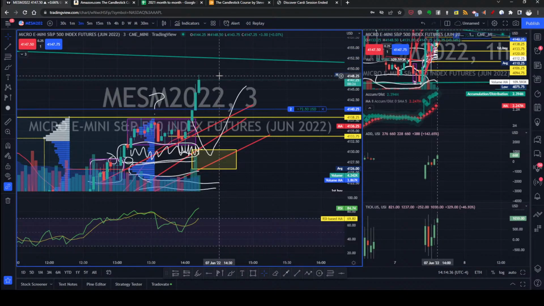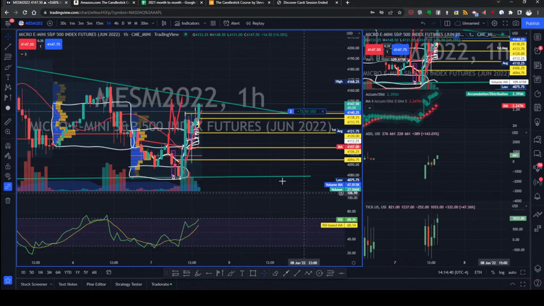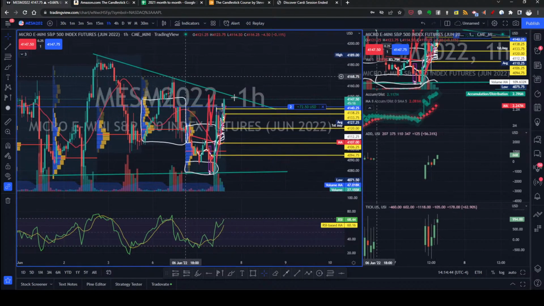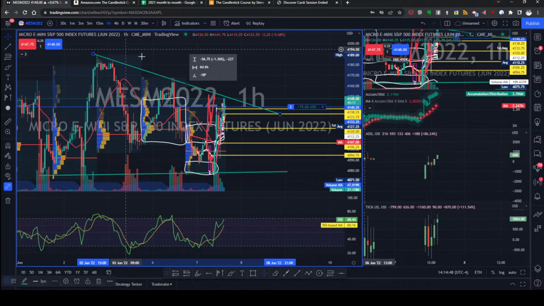And let's go to the hour chart here. Yeah, that's that 60-minute right here. So it's coming up fast. I'm looking to see what it's going to do at this zone here. We've had one touch, two touch, three touch. This will be the fourth touch.